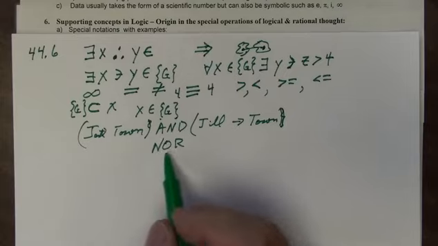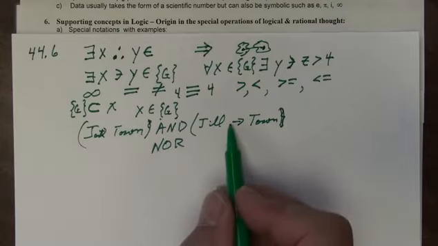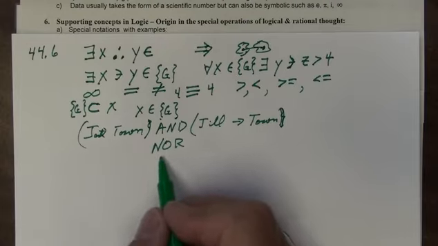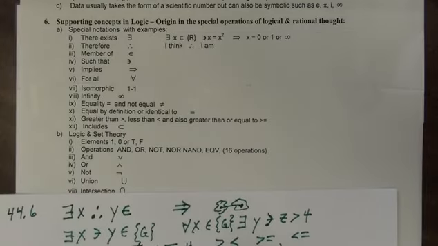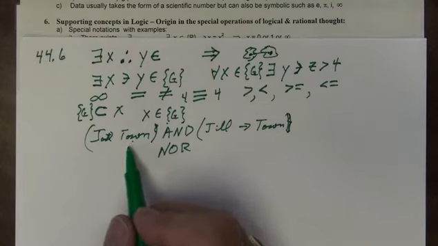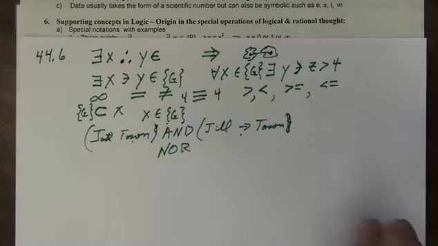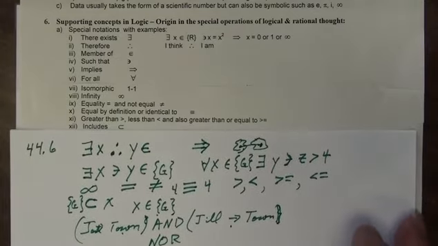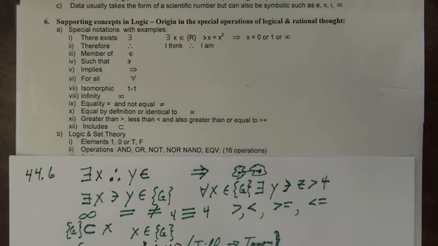This, exclusive or, means either this is true or that is true. I don't know what the symbol for exclusive or is. But a nor means neither this is true, nor is this true. In addition to the and, exclusive or, the nor, and or, we can have not. We can say, not Jack went to town and Jill went to town.